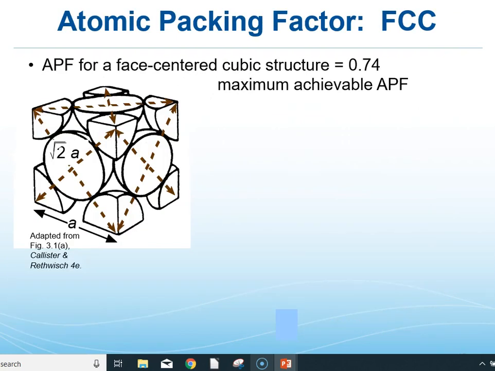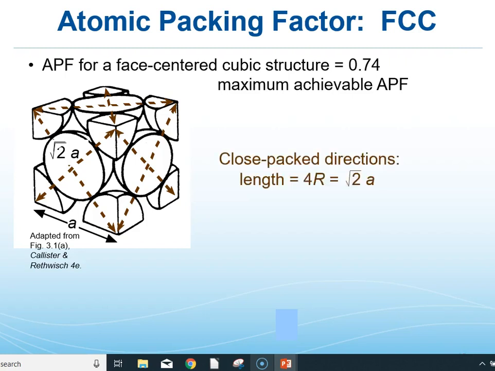This is a little bit easier than body-centered cubic geometrically, because now our close packed direction is across the face diagonal. So we have, again, 4r, where r is the atomic radius, related to root 2 a, where a is the lattice parameter. So that allows us to calculate our volume fraction of atoms per volume of unit cell, and it ends up being 0.74. Again, another big jump.